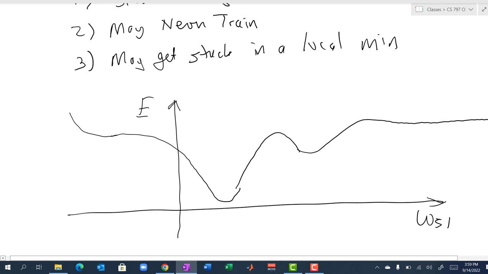So this is how maybe the error E varies if you plotted the error E with respect to all kinds of values for W51, you get this. So let's say we have an initial value for a weight that we guessed at over here.